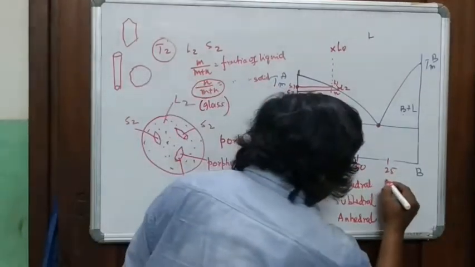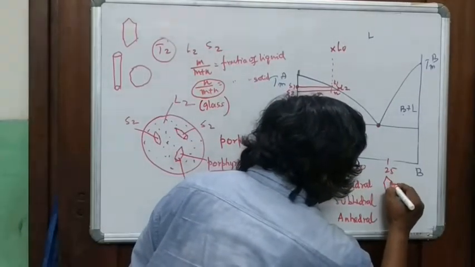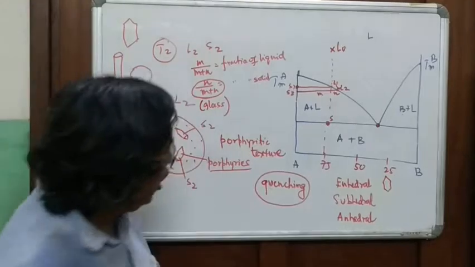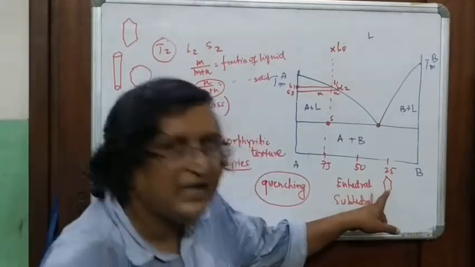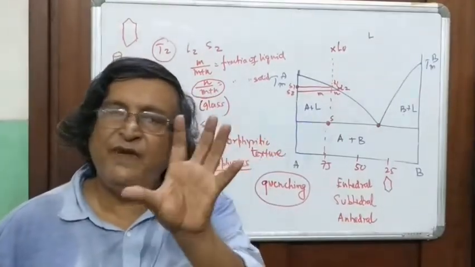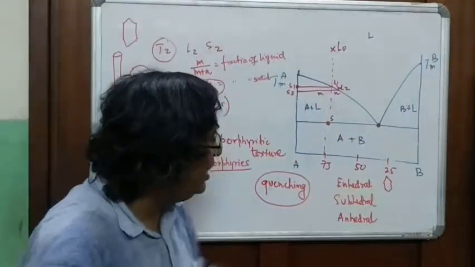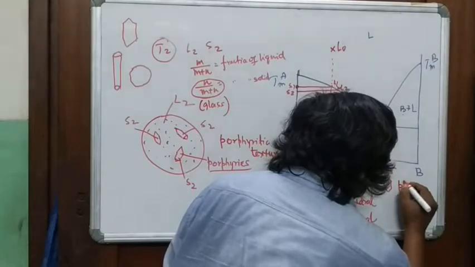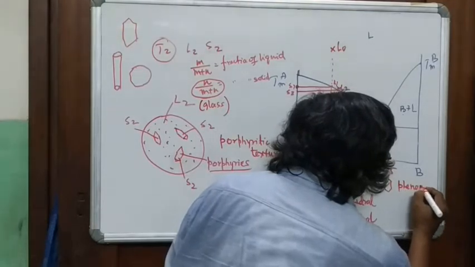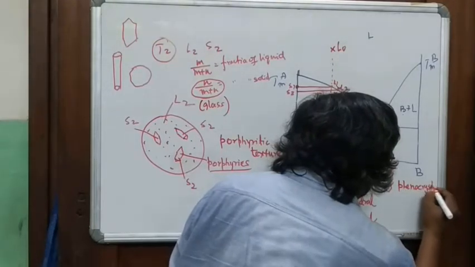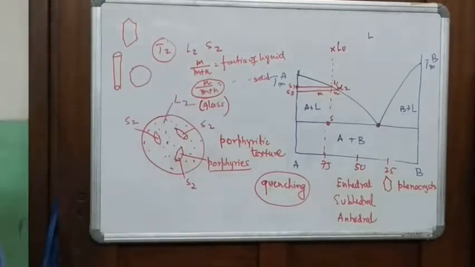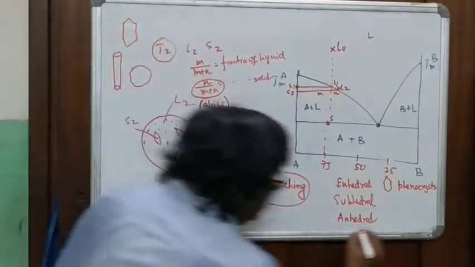What is euhedral? It is something like this, as I drew. You see, all surfaces, very well developed surfaces. These are called euhedral phenocrysts. What is anhedral?